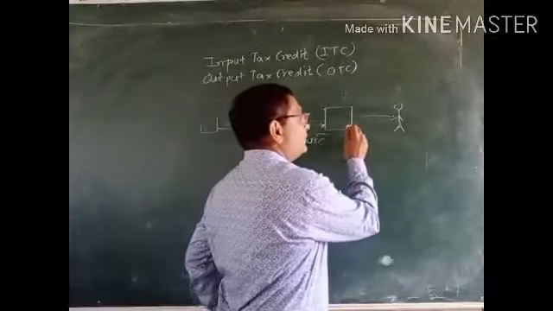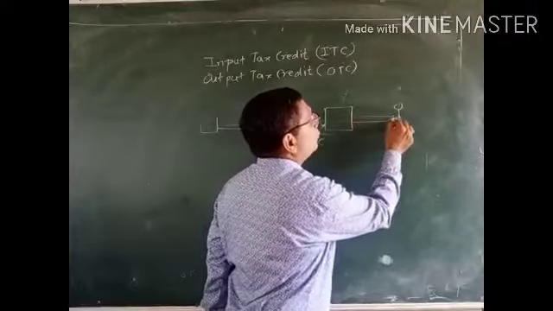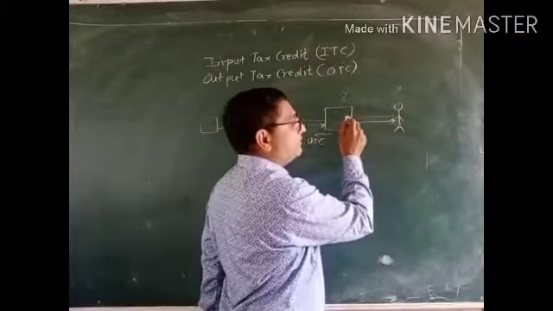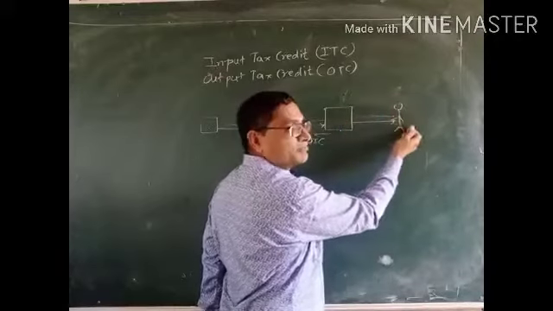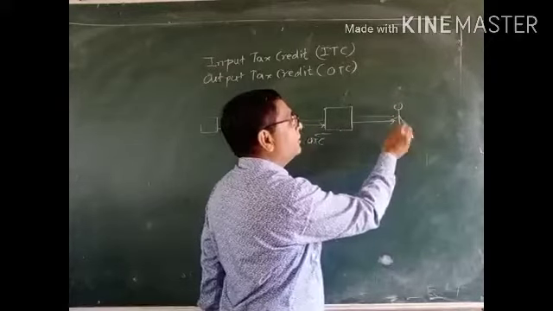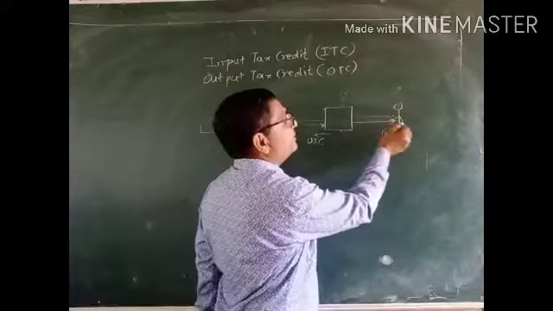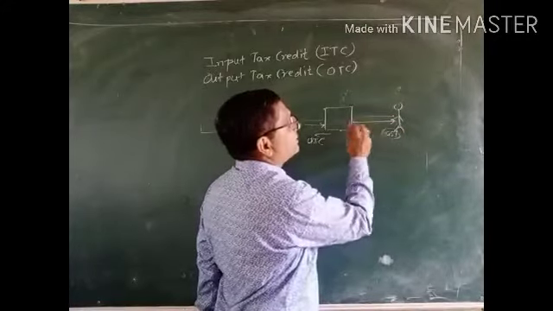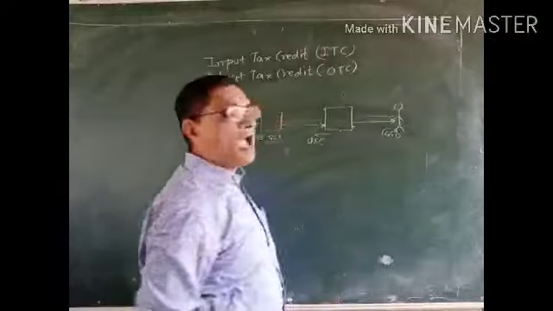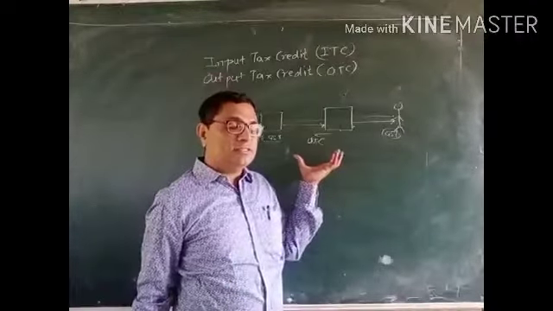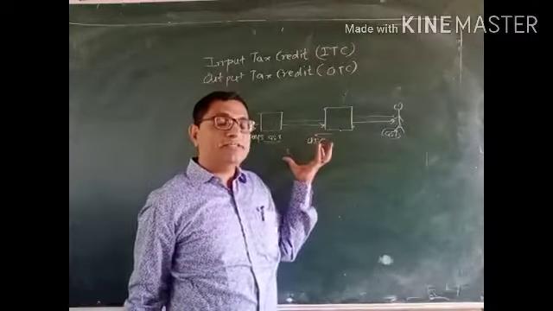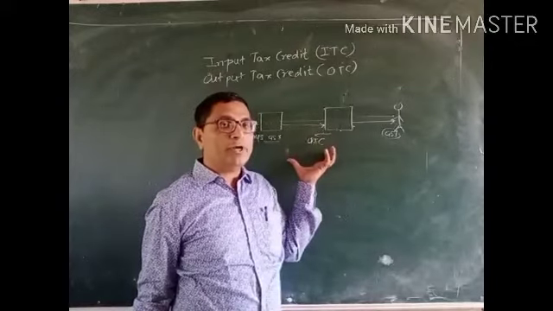And again this person also sells those goods to this customer, and this customer pays GST again. This is output tax credit in this transaction, and this is input tax credit in this transaction. I think you understand this concept. We will see the examples from 4.2.